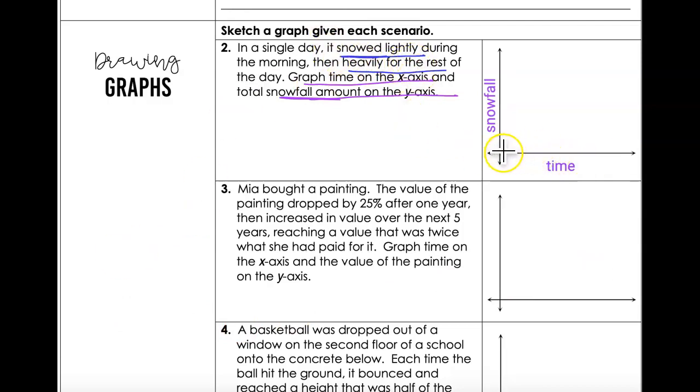So it started snowing here, and it was snowing, but not too much. And then it says that it snowed heavily the rest of the day, which means that all of a sudden it's going to start snowing a little bit more. And that's our graph. That's all we have to do. We just show those two differences where here it started snowing lightly, and then it started snowing a little more heavily.